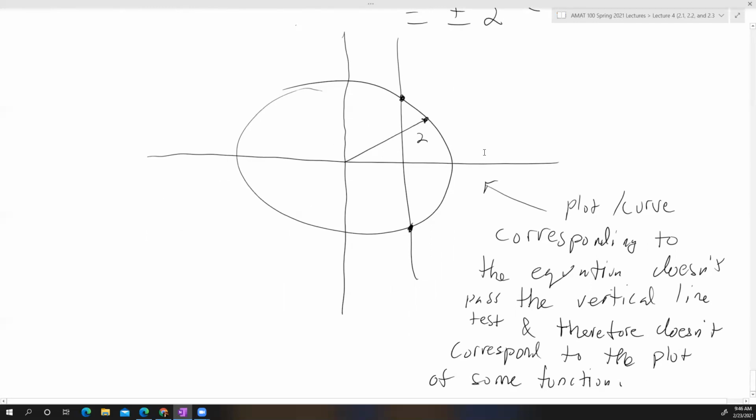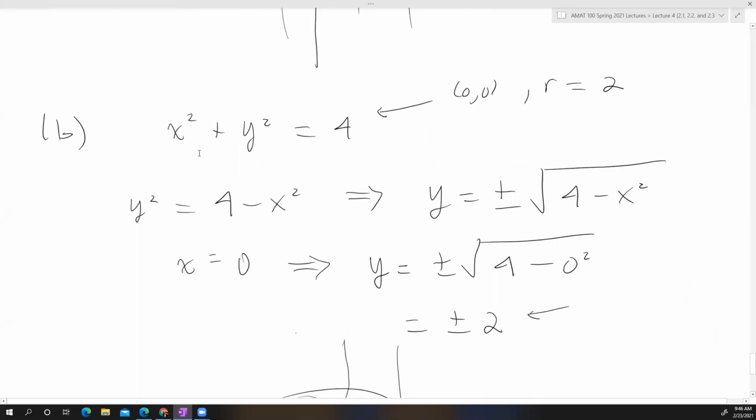So we saw two different ways to show that this equation does not define y as a function of x. The first one was the algebraic method, to attempt to solve for y in terms of x. When you take the square root, it gives you a plus or minus root, and that's precisely why this can't be a function. Y can't be a function of x, because for any given value of x, you get two values.